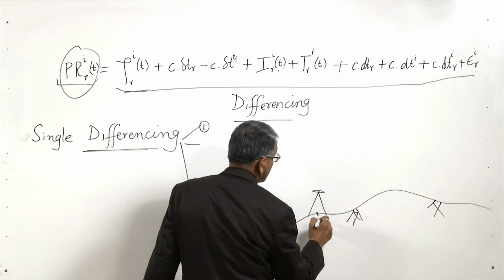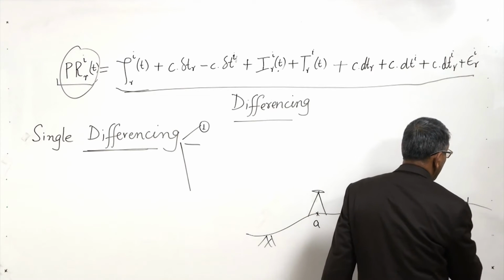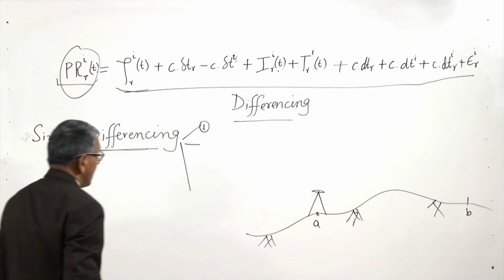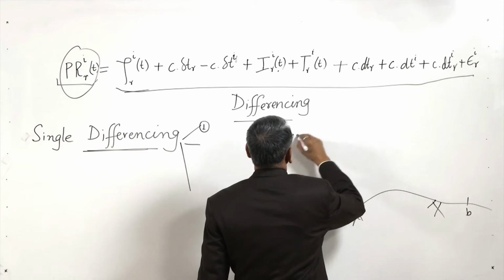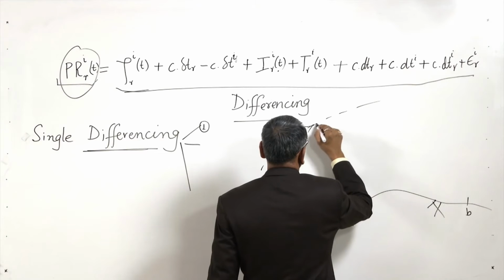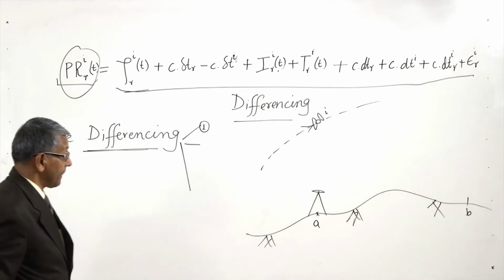Suppose this is station A and this is station B, and the satellite is moving; suppose this is satellite I.